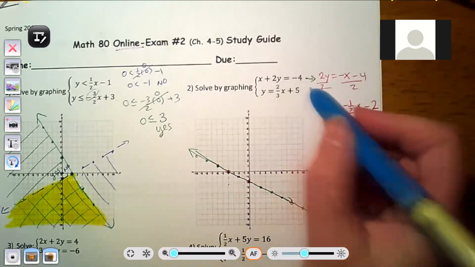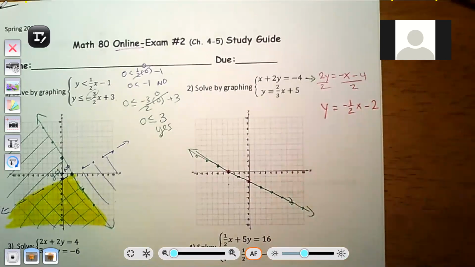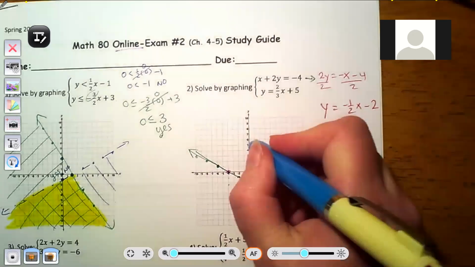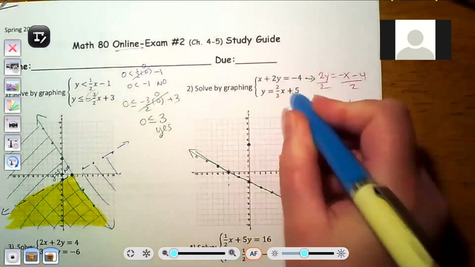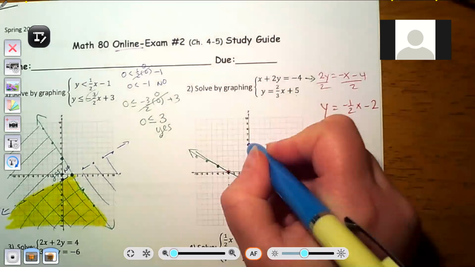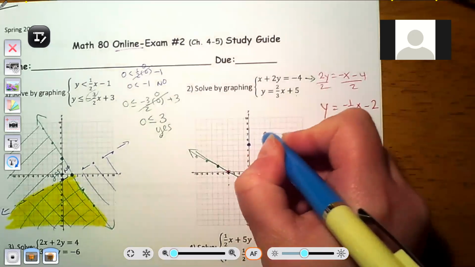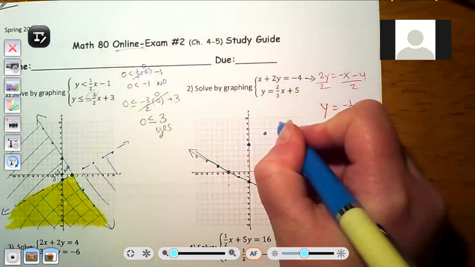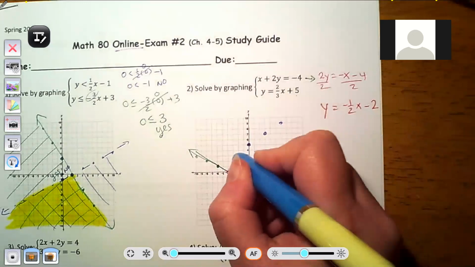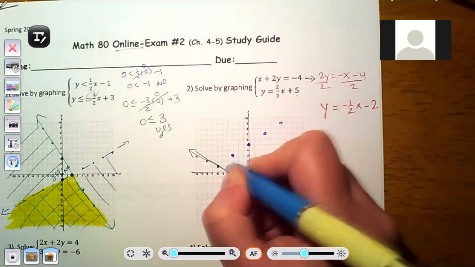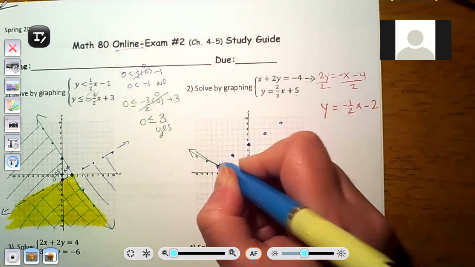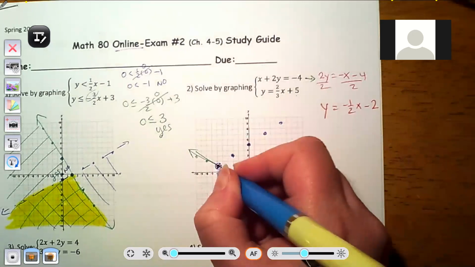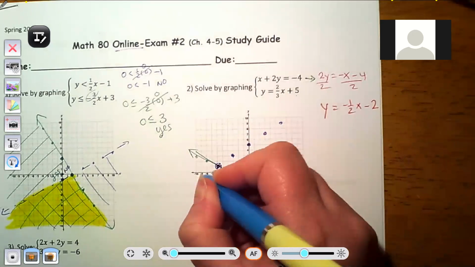So then this one is start at 5 on the y-axis as your y-intercept, and then rise over run, so up 2 over 3. Down 2 over 3. It looks like I found my intersection. 1, 2, 1, 2, 3.